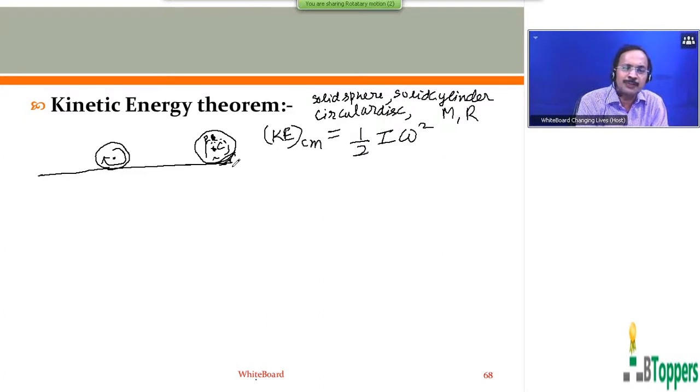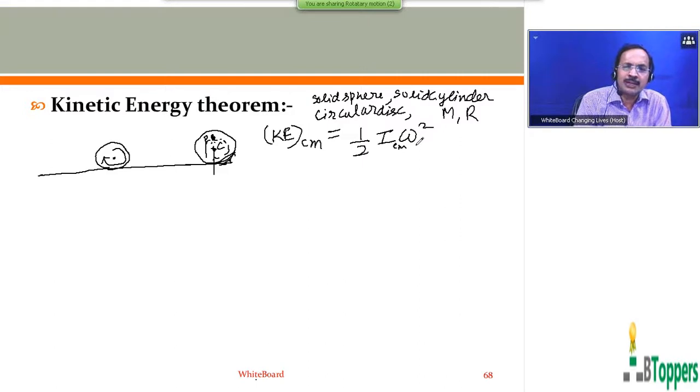Therefore each particle appears to move in a circular path with its center lying on the horizontal axis passing through the center of mass. So the total kinetic energy of all the particles of the rolling body with respect to the center of mass is nothing but the rotational kinetic energy, given by half I omega square, or more precisely half I_CM omega square.